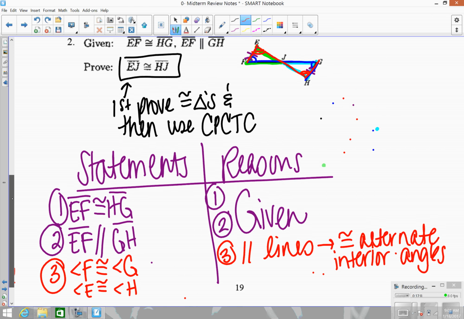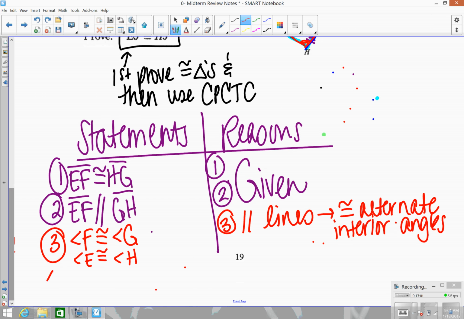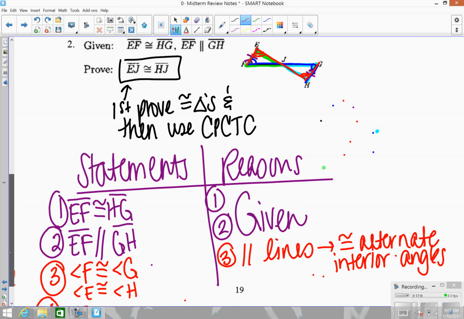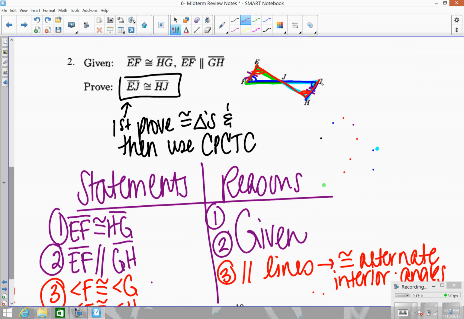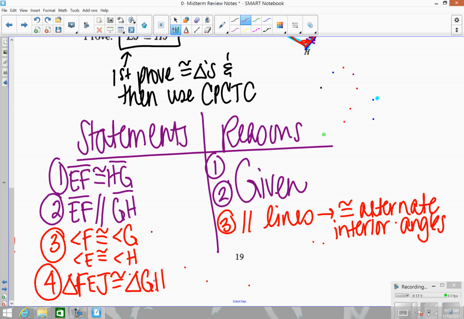So now I can say that the two triangles are congruent. So triangle FEJ is congruent to triangle GHJ. And that, for me, based on my proof, is going to be angle, side, angle, the side between the two angles.